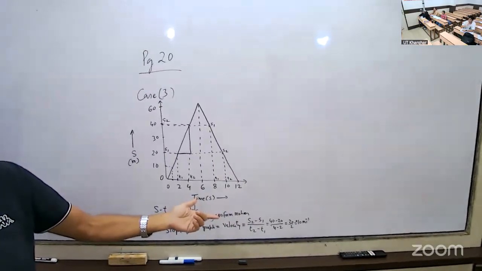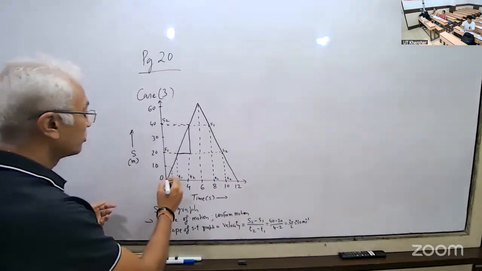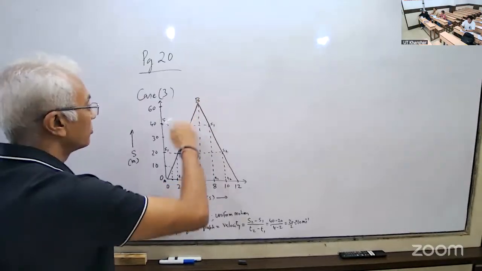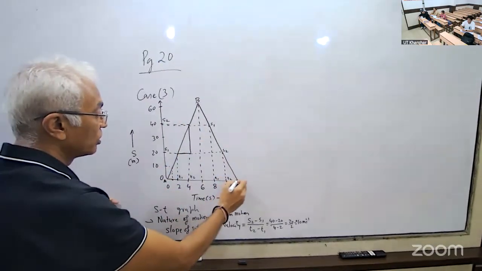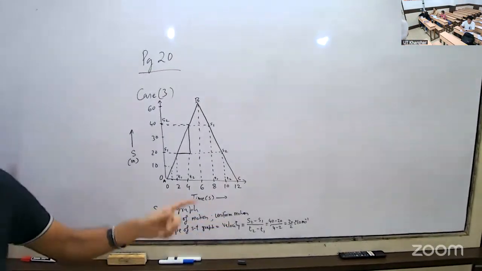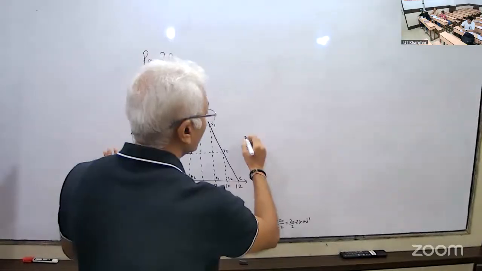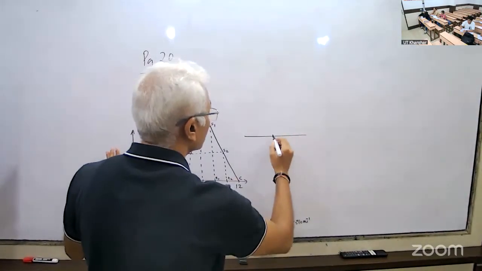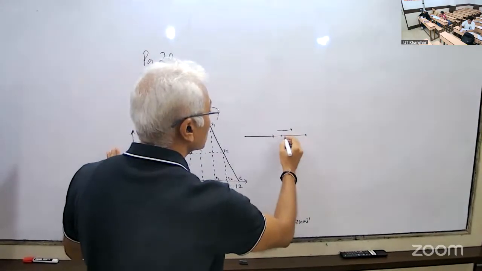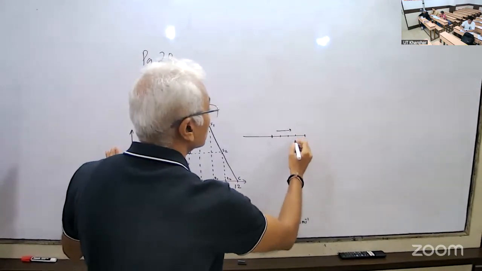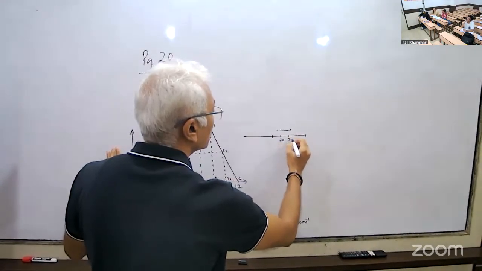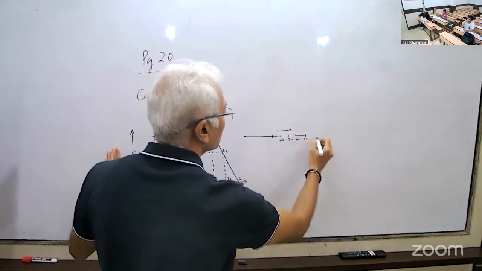So if we name the graph, from A to B the object is going away from the origin, and from B to C it's coming back to the origin. Is that clear? Mind you, this is the graph for motion in a straight line. Initially the object was going like this: 20, 30, 40, 50, and 60.